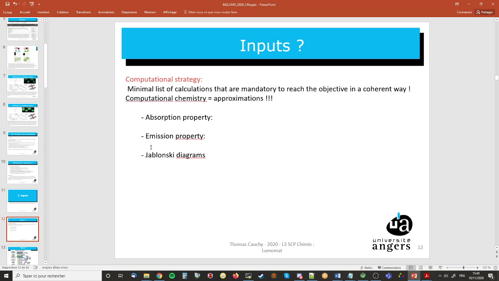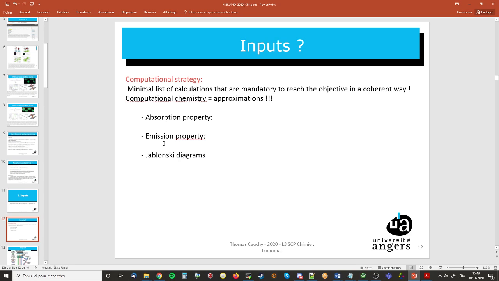Computational chemistry is based on approximations. The Schrödinger equation, the quantum mechanics, is okay, but we cannot do it for more than one electron. And chemistry always depends on much more than one electron.